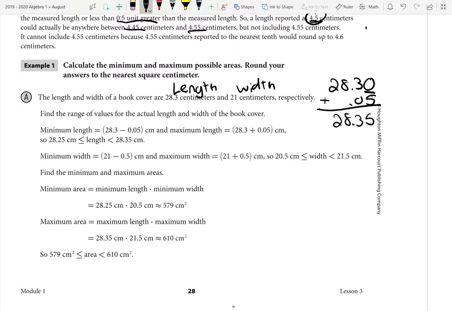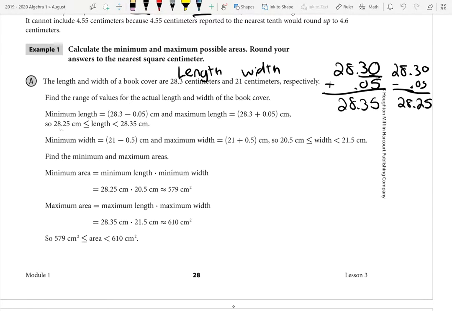That's our max. And if we subtract that half unit from it, we'll have our minimum, which will be 28.25. So think of it not like 3, but think of it like 30. And when you take 30 and add 5 to it, you're at 35. When you're at 30 and take away 5, you're at 25. That's where you get the minimum and maximum lengths there.